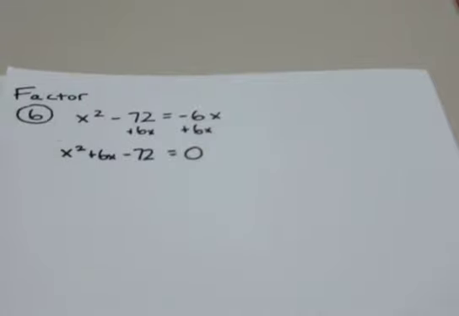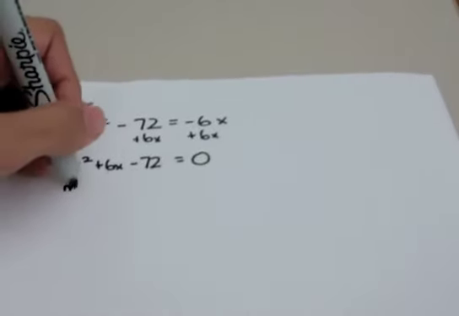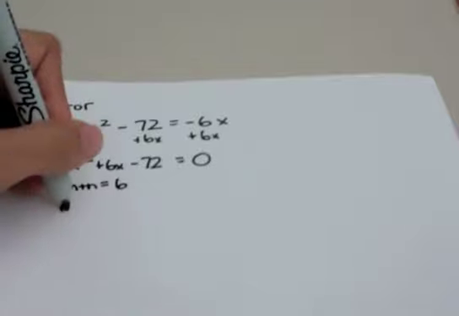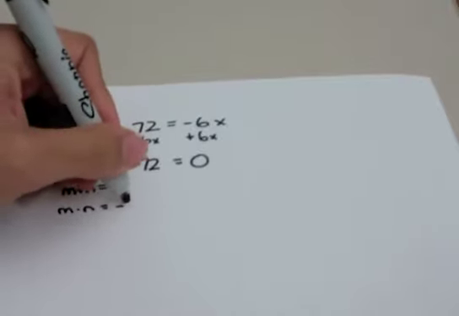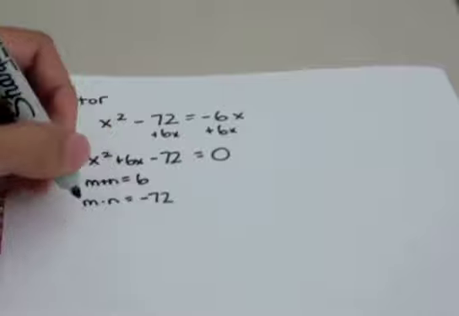After this, it's just going to set up just like all of our normal problems. So we'll know that m plus n equals 6, and m times n is equal to negative 72. So that means we need to find the factors of 72.